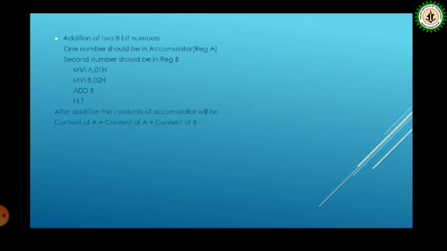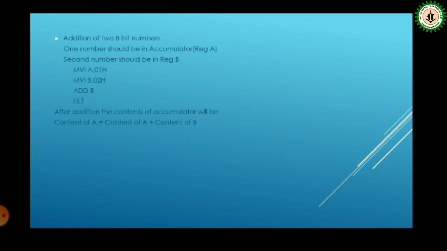One number should be in the accumulator, or register A, and the second number should be in register B, C, D, anything, but one number should be in the accumulator.